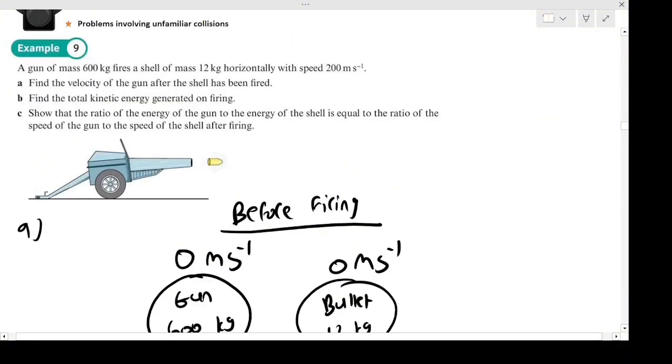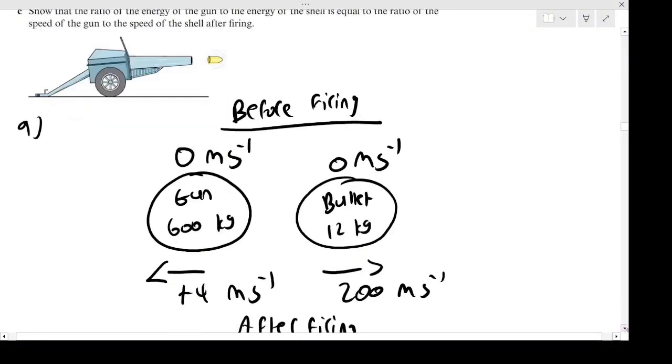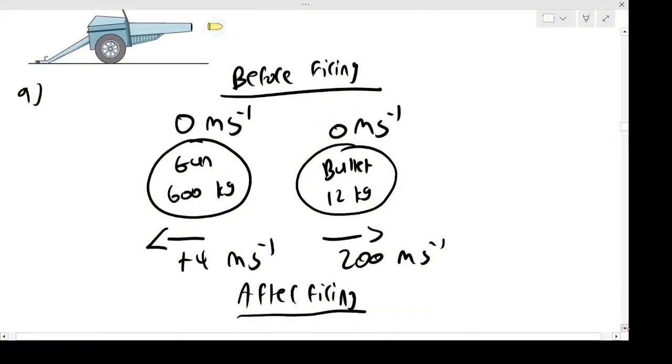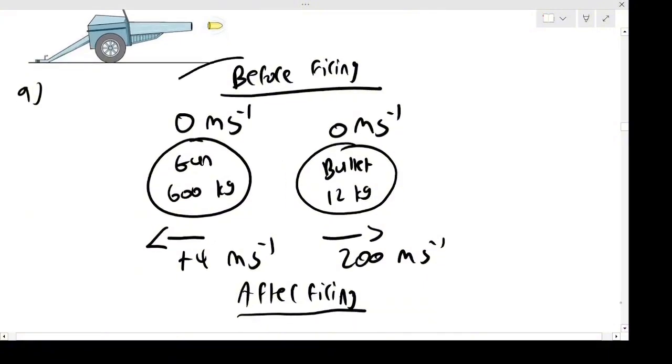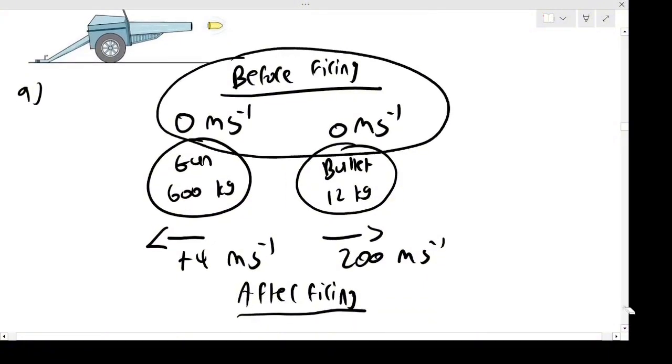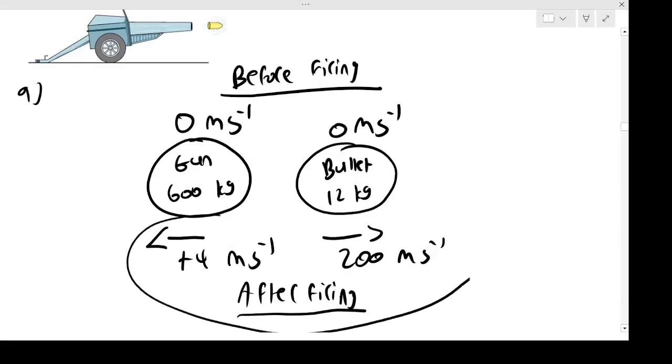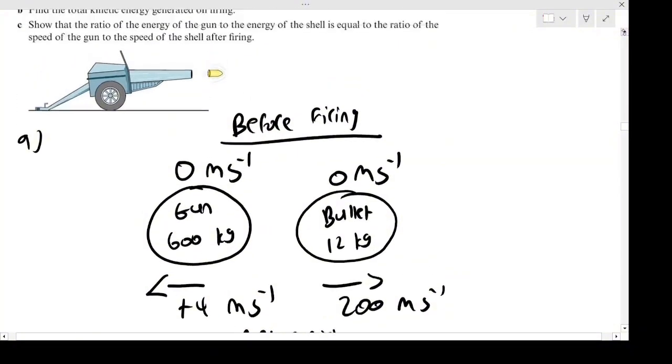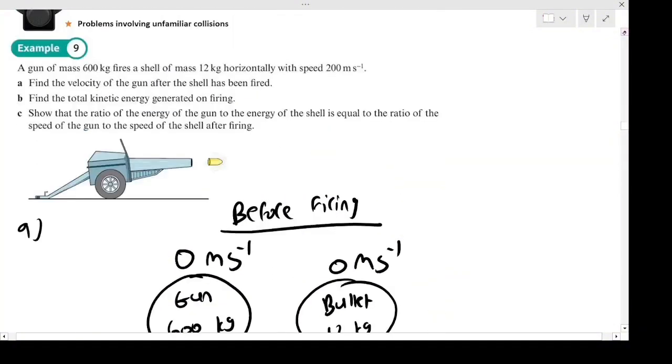Then in part B it says find the total kinetic energy generated on firing. This is an interesting scenario because we start with 0 speed and then we end up gaining speed. That tells me I'm gaining kinetic energy instead of losing it. Now, I've had to look this up. I'm not that familiar with guns.